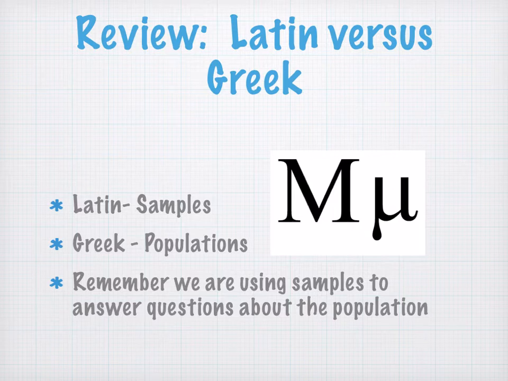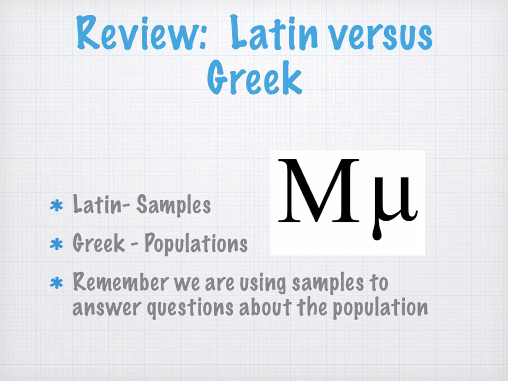And the whole reason that we're using samples in the first place is to answer questions about the population. So remember, it's really important that while we're doing the statistics on our sample data, the whole reason we do hypothesis testing and we look at significance levels is to see if we're able to make statements about the population, if we're able to say that this is applicable to the population.